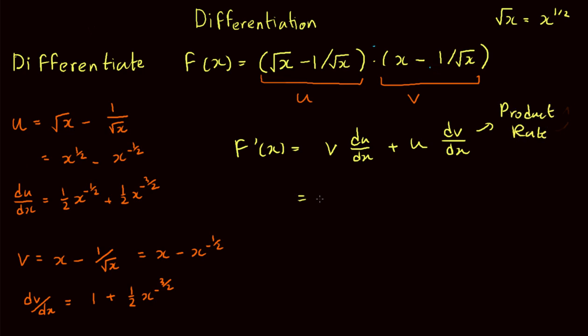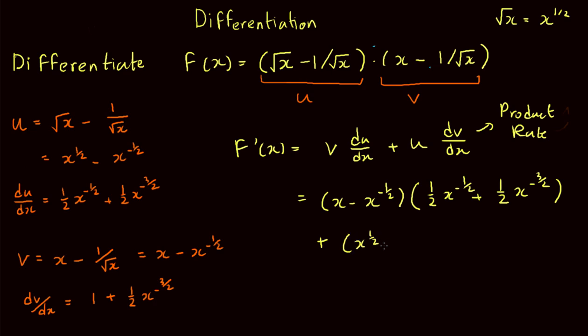So in this case, this would be x minus x to the power of negative half, times du dx, which is half x to the power of negative half plus half x to the power of negative 3 over 2, plus u, which is x to the power of half minus x to the power of negative half, multiplied with dv dx, which is 1 plus 1 over 2 x to the power of negative 3 over 2.